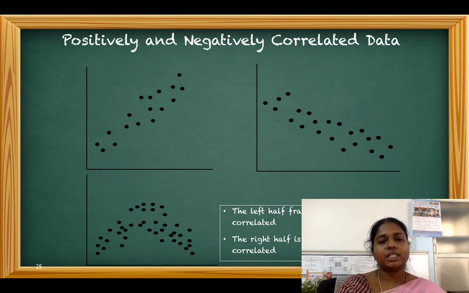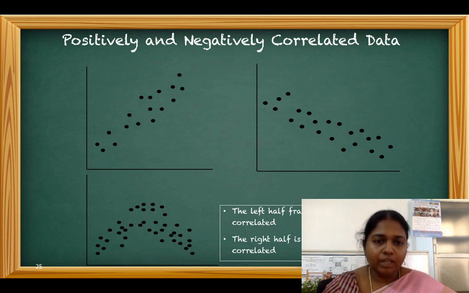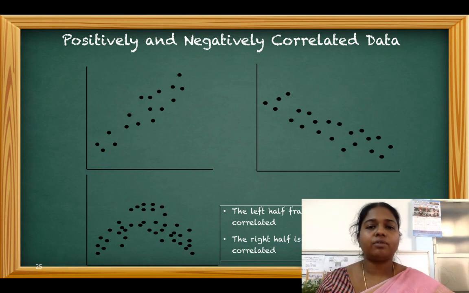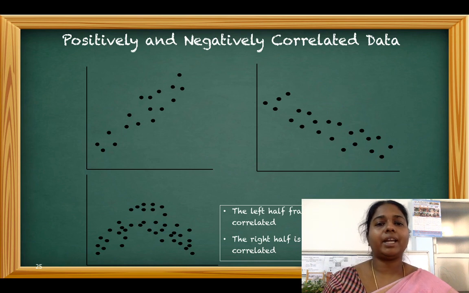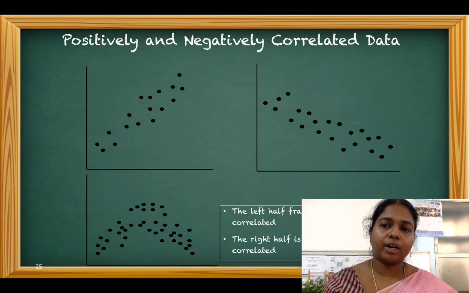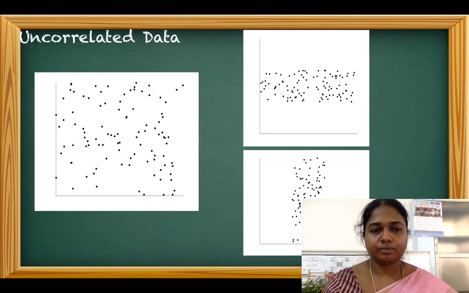So we have already seen what negatively and positively correlated data is. If the data is correlated, then we might have to consider applying data mining algorithms after removing some of the correlated attributes. And this is a sample of uncorrelated data.